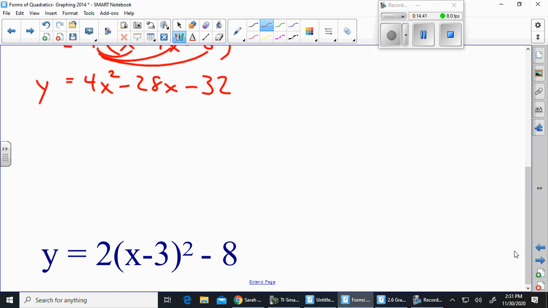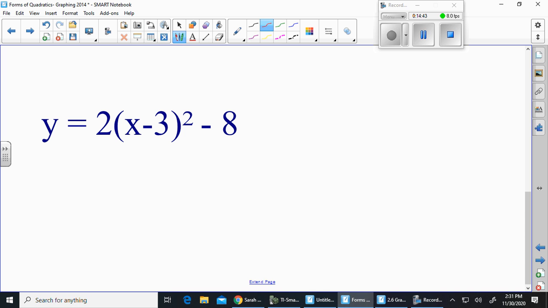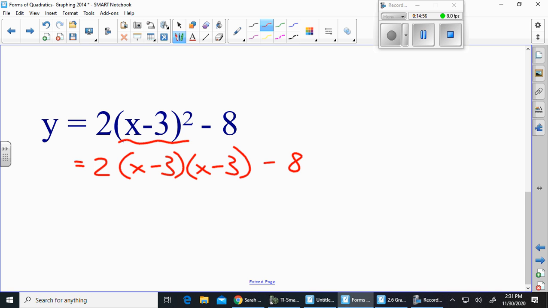If it's in vertex form, this is where usually people mess up because they try to distribute the square. Remember what this means. That means there's 2 of them.